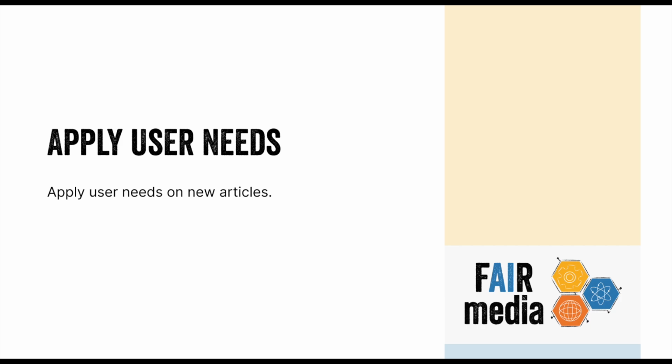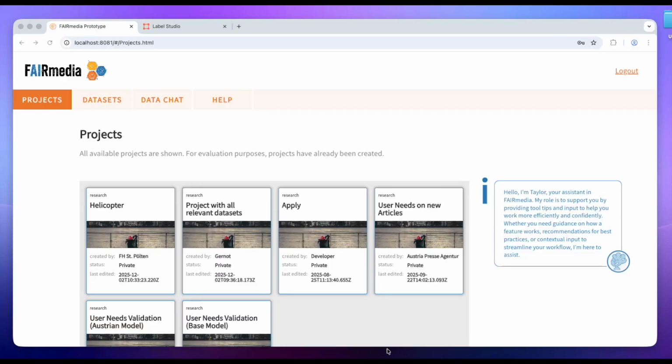The tool is not only suitable for visual tasks but also for text-based tasks. For example, the user needs model developed by Dmitry Shishkin at the BBC serves as a framework to help newsrooms create content based on the fundamental needs of users. Using this model, you can apply user needs to new, unannotated texts.